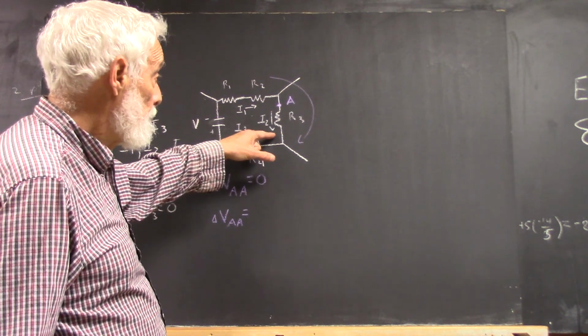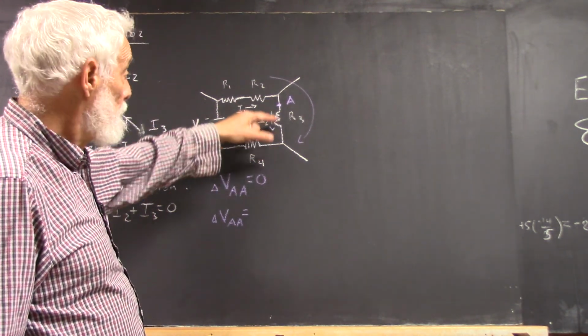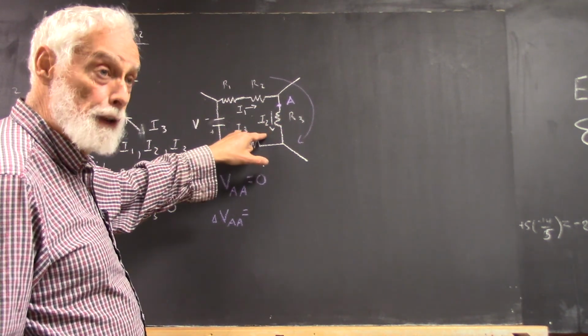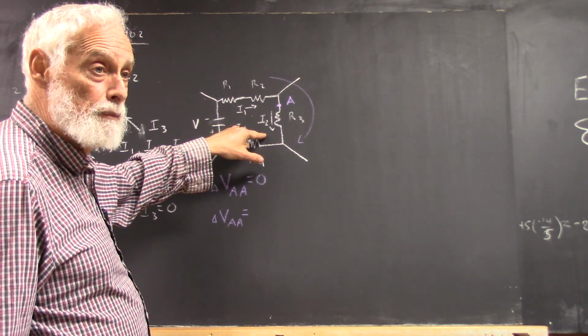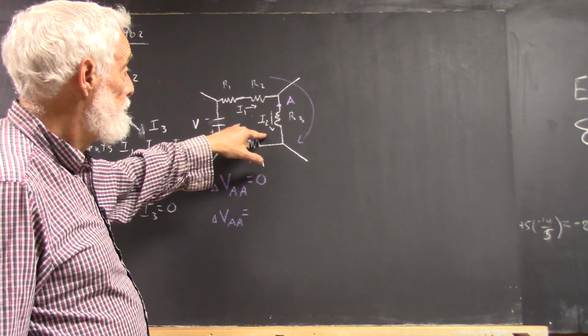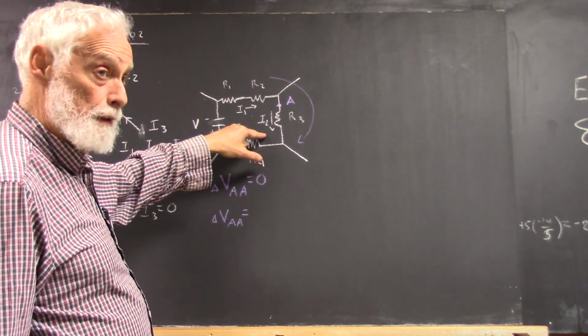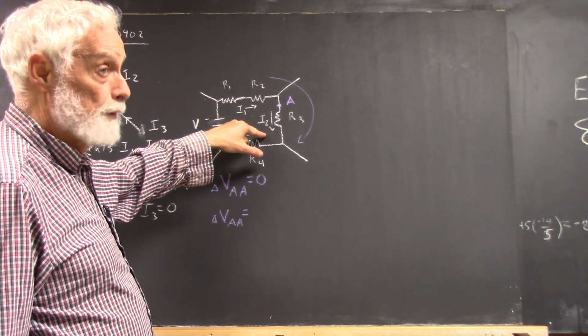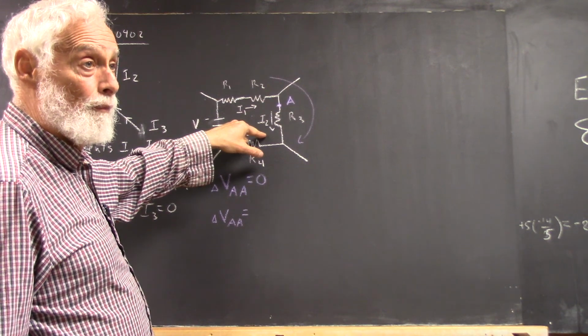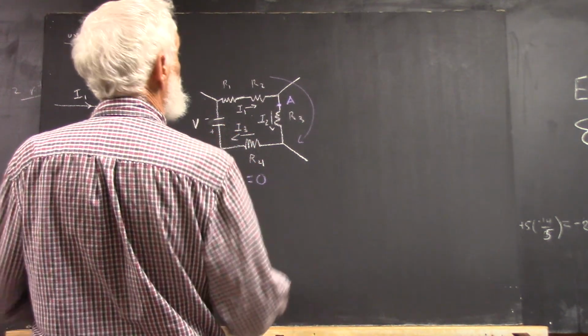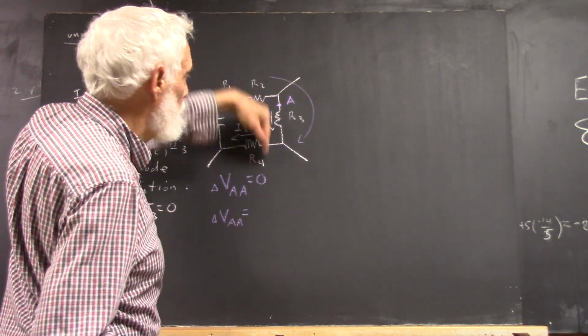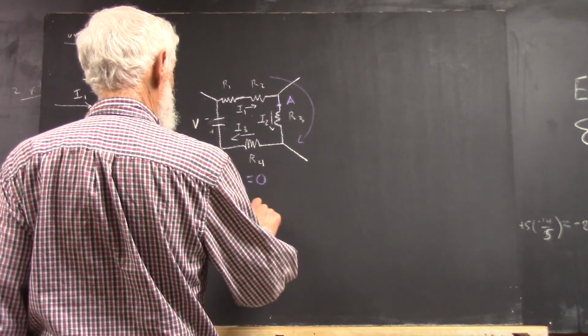What happens to the potential as we go across resistor 3 with current I2? Current, voltage, and resistance are related. How are they related? I times R. Yeah, except it's negative, because the potential has to go down for the current to go in this direction, right?